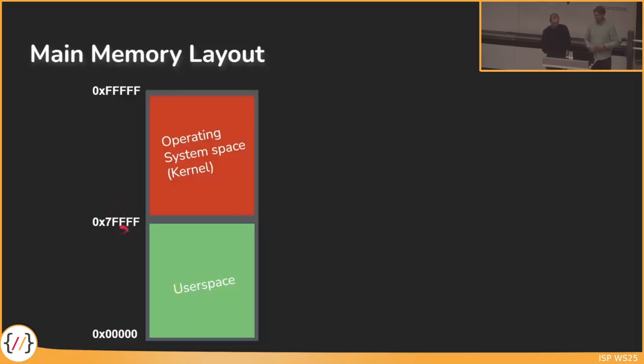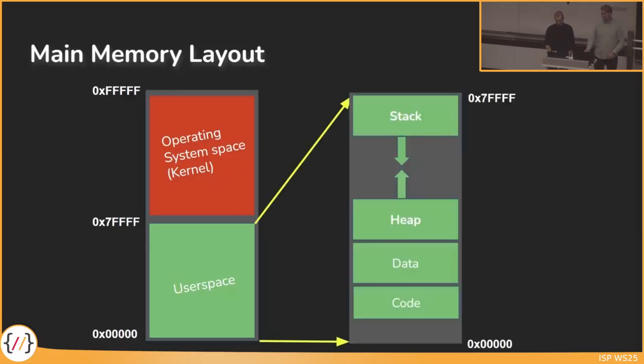Everything below that, so the half below, is called user space. This is where our programs are running, and this is the actual address space we can use. So yeah, let's forget about the operating system space here. You have operating systems later on in your studies, and then you will focus on this part. Here we are focused on the user space.